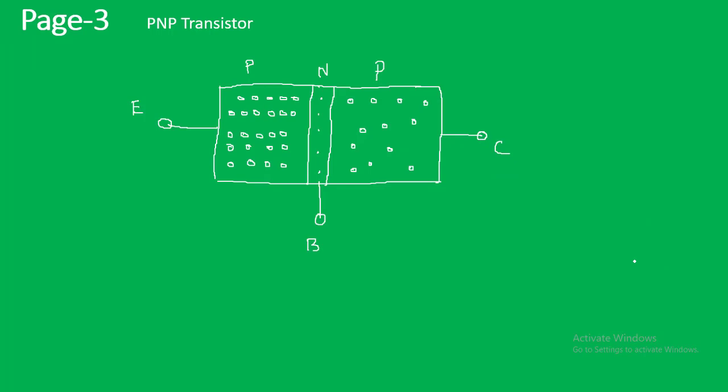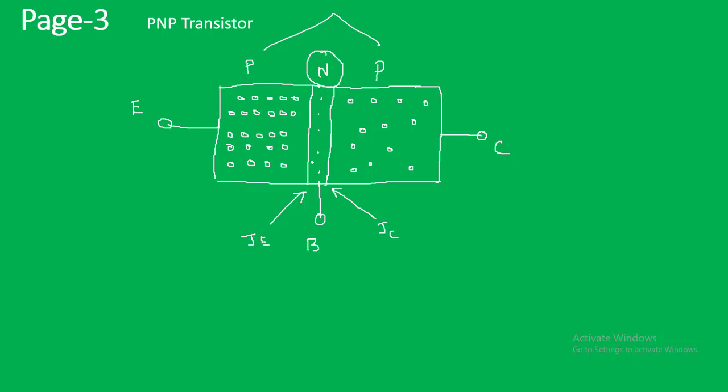Now if we have a look at the PNP transistor, here one N-type semiconductor is sandwiched between two P-type semiconductors. The emitter terminal is heavily doped, so the majority charge carriers in the P-type semiconductor are holes, so hole concentration is quite high.